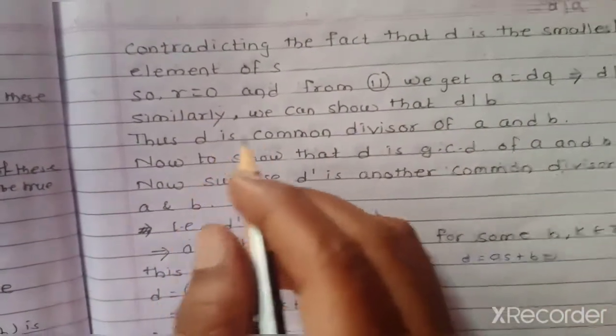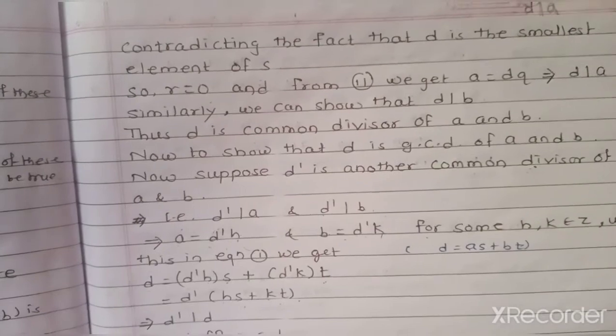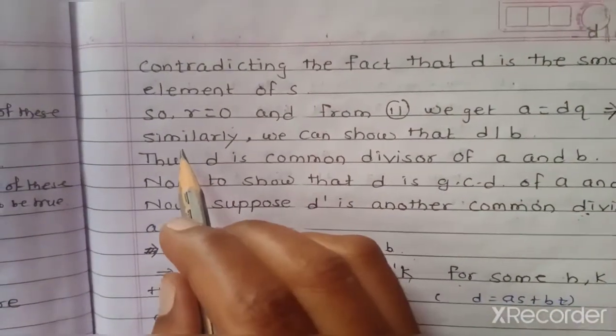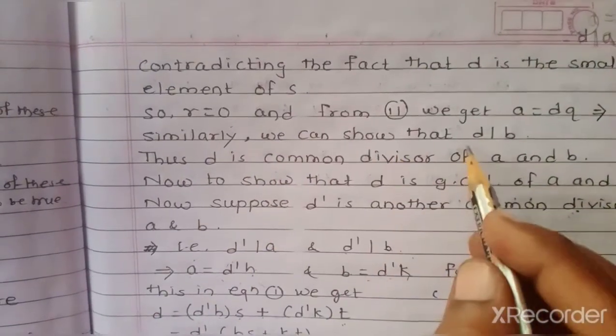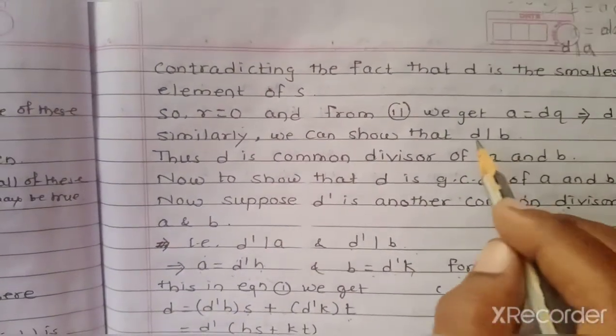That similar procedure we apply also on D and B. So we write down here, similarly, we can show that D divides B also. So see here, D divides A also, D divides B also.